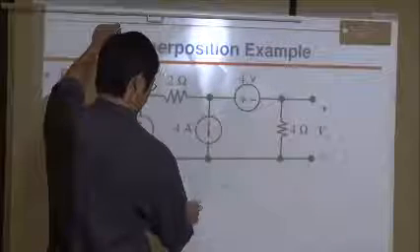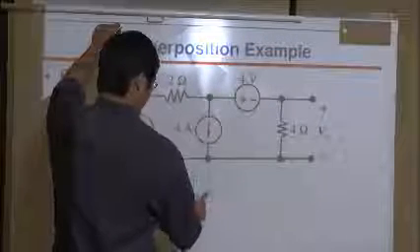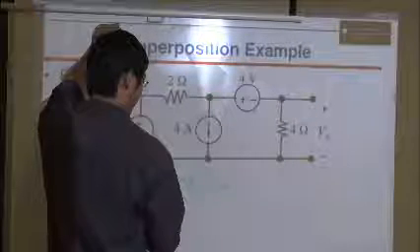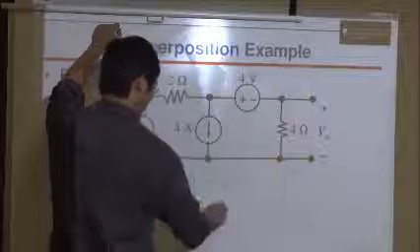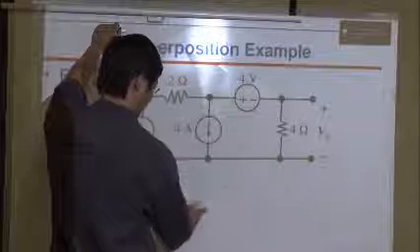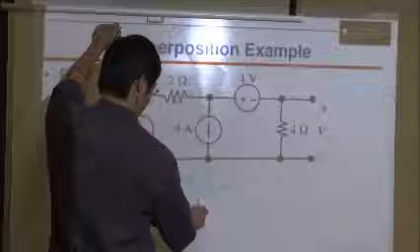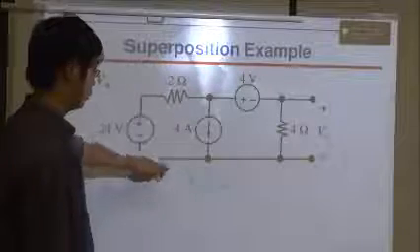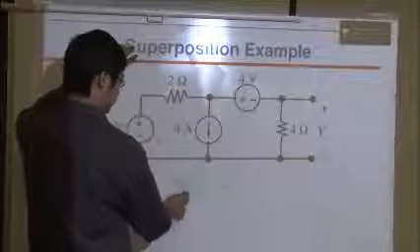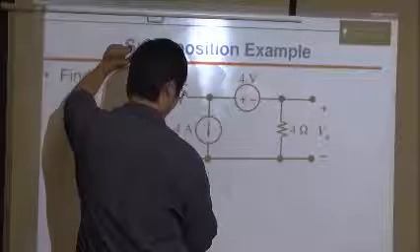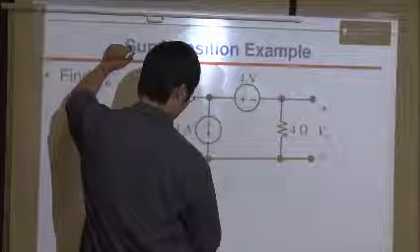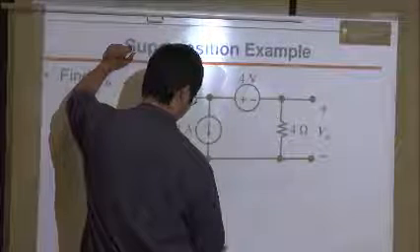So the 4 amp will be split two ways. If this is I, because they have the same voltage, this side has to be 2I, because it's only 2 ohm. So 4 ohm times I equals 2 ohm times 2I. Your 4 amp is a total of 3I, so I is 4 amp over 3.